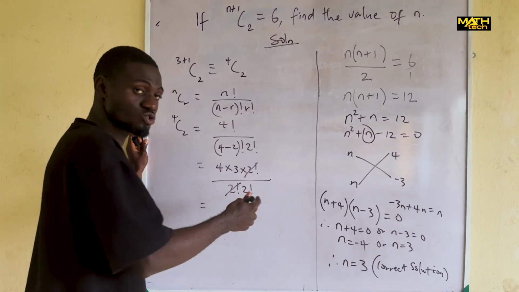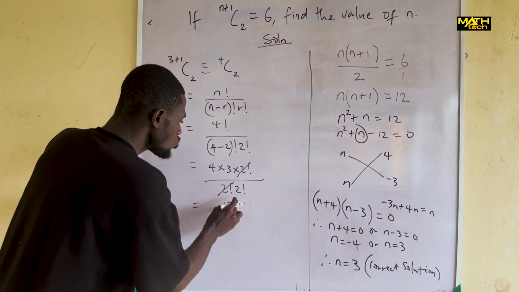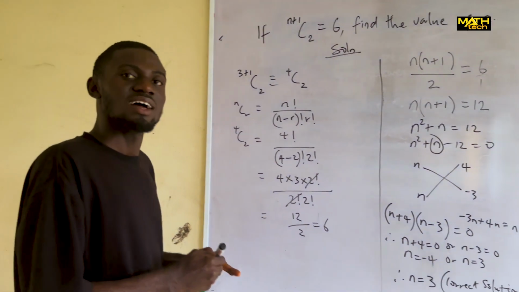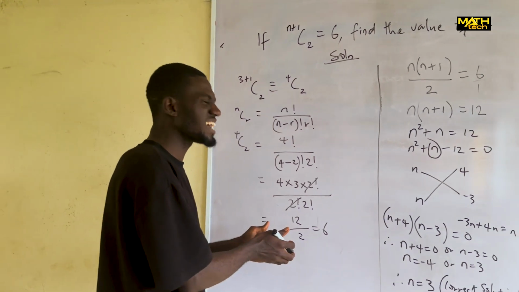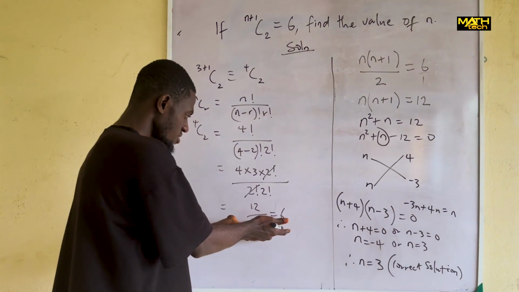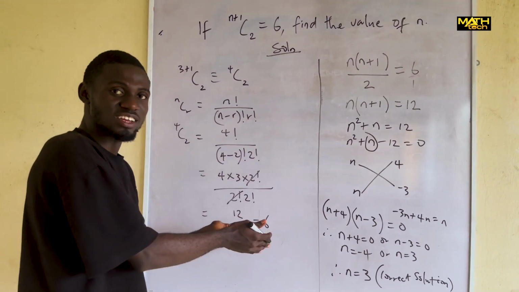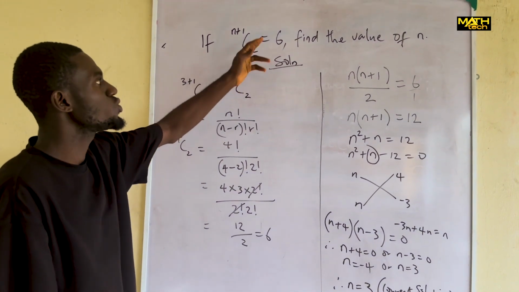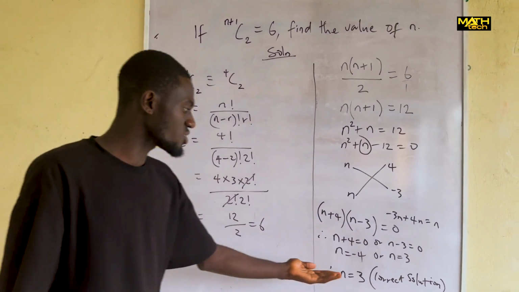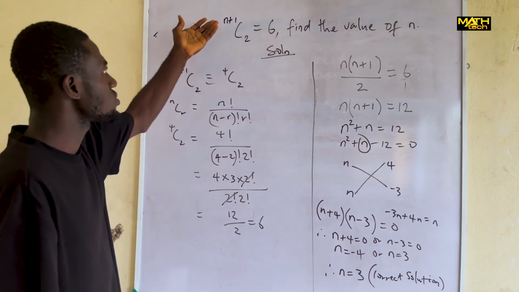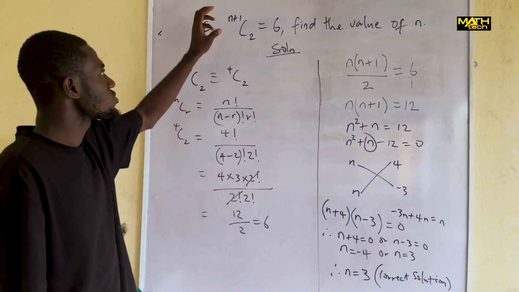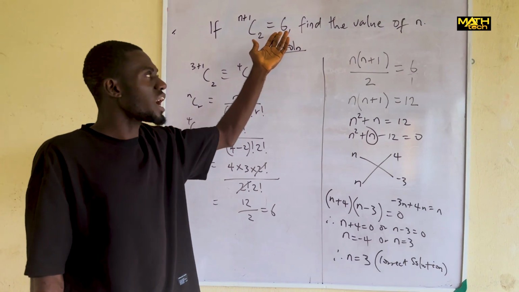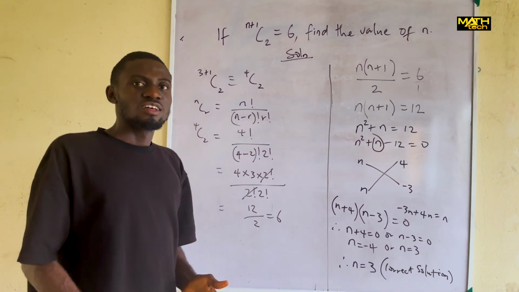So that's 2 times 1, 2. So 12 divided by 2 gives us what? 6. And we see that we just arrived at the answer. n plus 1 combination 2 equal to 6. So knowing that this is the correct solution, we substitute the value for n, and solving the combination, we are still arriving at the given answer 6.